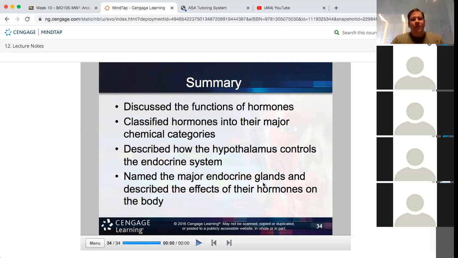Here we have a short summary where we can see all that we discussed today. Discuss the function of hormones, classify hormones into their major chemical categories, describe how the hypothalamus controls the endocrine system, name the major endocrine glands, and describe the effects of their hormones on the body.